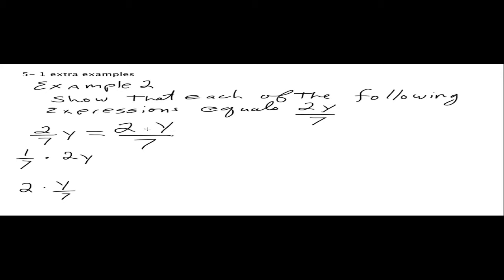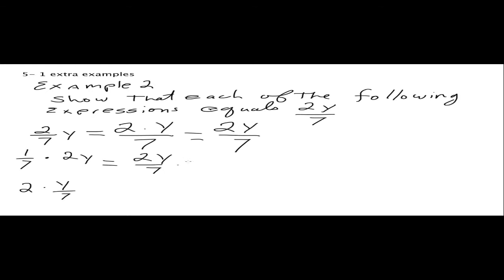And we don't put that multiplication between a number and the coefficient of a variable. We just write 2y, which means 2 times y, and 2y over 7. For the second one, again, we've got 1/7 times 2 times y. The multiplying fractions property tells us that that's 2y over 7.